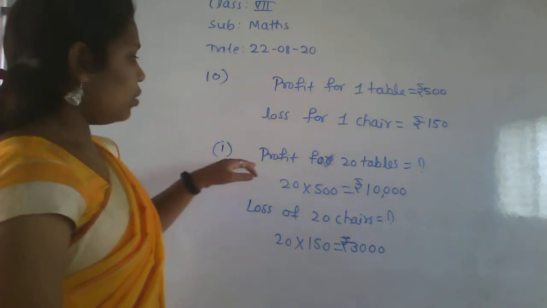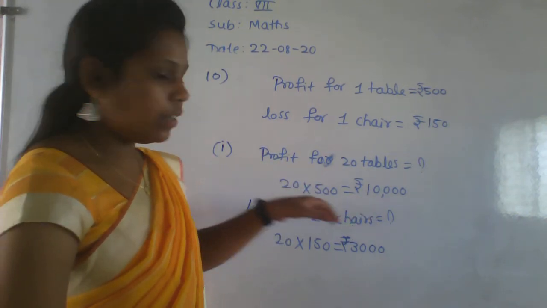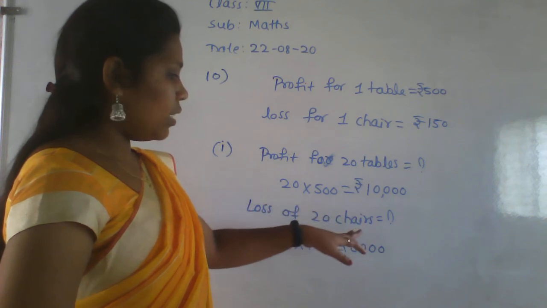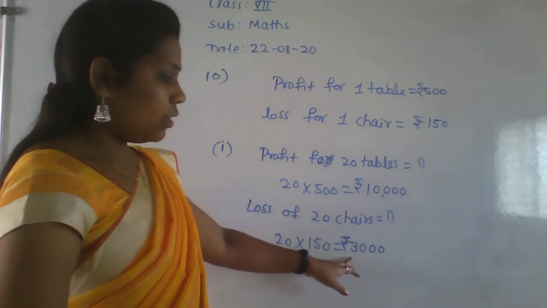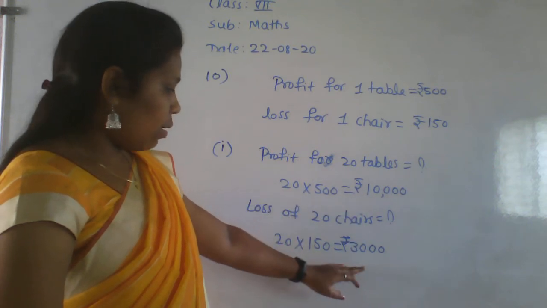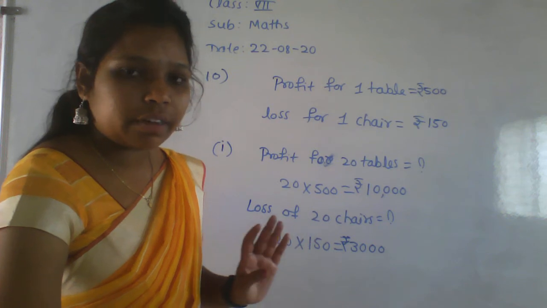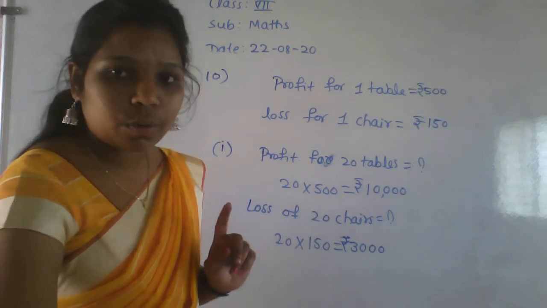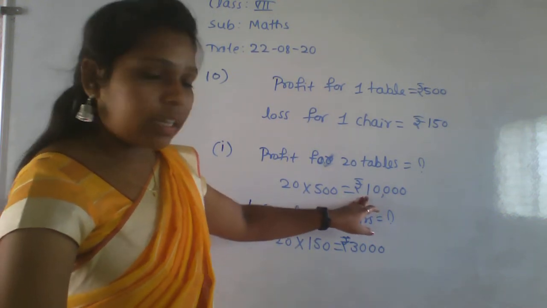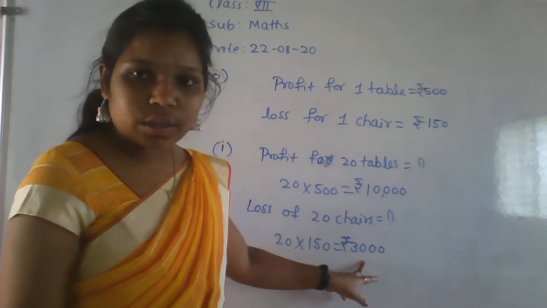Getting everyone? So here he sold 20 tables and he got 10,000 as the profit, and the loss of 20 chairs means again he got a 3,000 loss. So from the profit you have to subtract this loss, then you will get 7,000. So he got extra money, how much? That is 7,000. Because the profit is already 10,000, but we also lost 3,000 rupees, right?